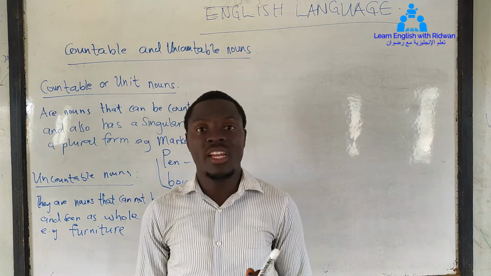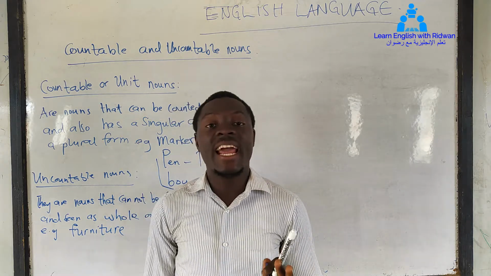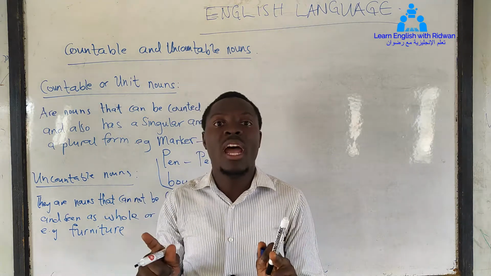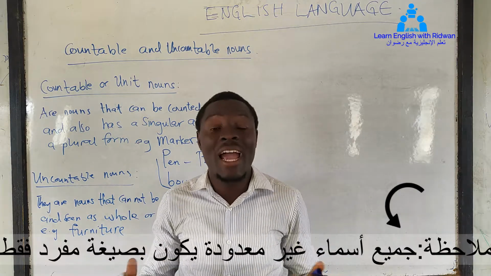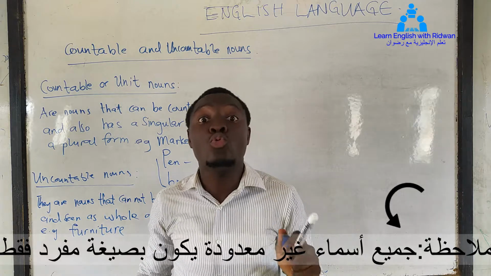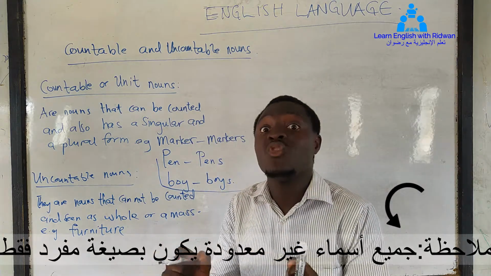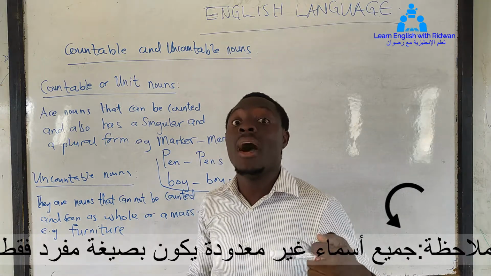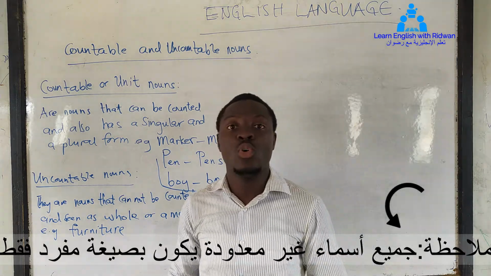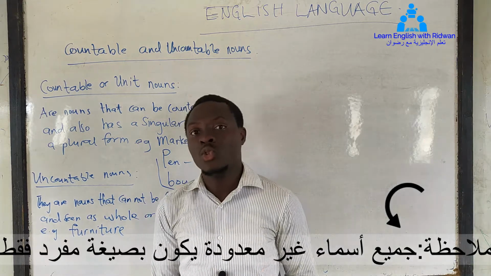It's a very, very important point. Grammatically, أي نحويا, all uncountable nouns are what? Are singular. كل أسماء المعدودة, أي جميع الأسماء المعدودة يكون بصيغة المفرد فقط حتى إذا كان تشير إلى المواد المتعددة, even if it refers to what? To different items.